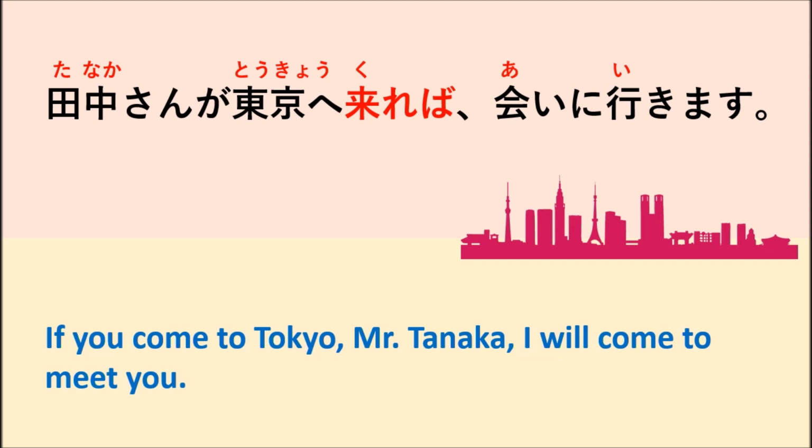This means that Tanaka comes to Tokyo, and you will go to meet Tanaka-san. So they are absolutely different. In a case like this, you can use the sentence like this.